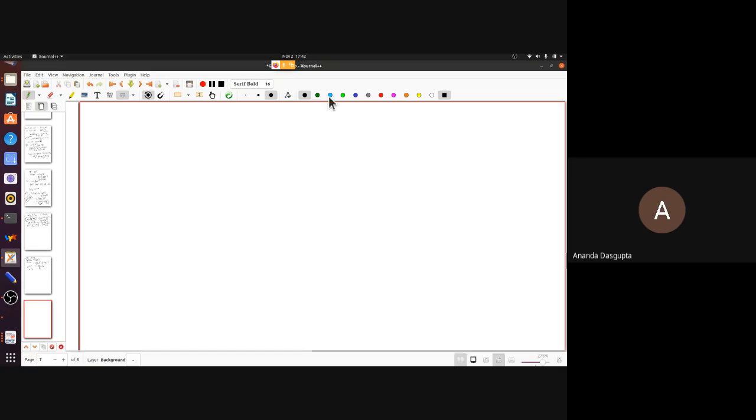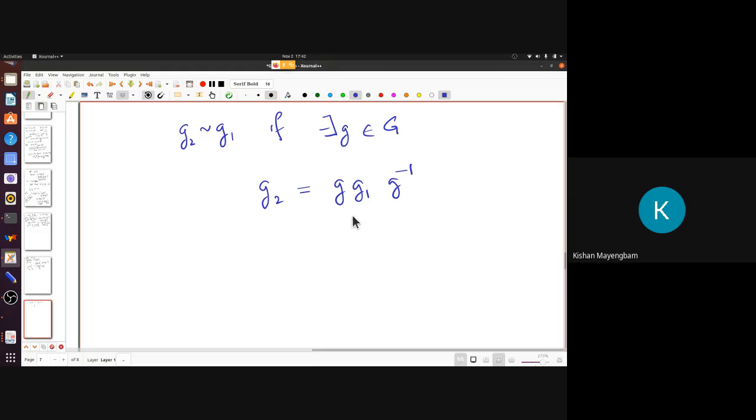Okay. I think that has to be clarified. Suppose element G2 is conjugate to G1. Let's write it like this. I'm just borrowing the symbol for the time being. This happens if there exists a group element G somewhere in the group such that G2 is G G1 G inverse.